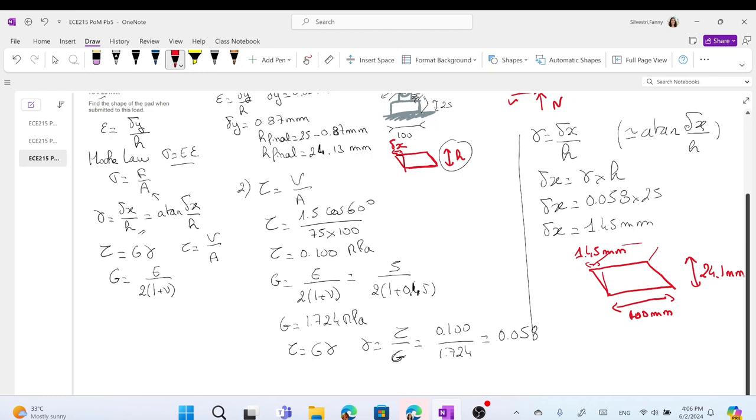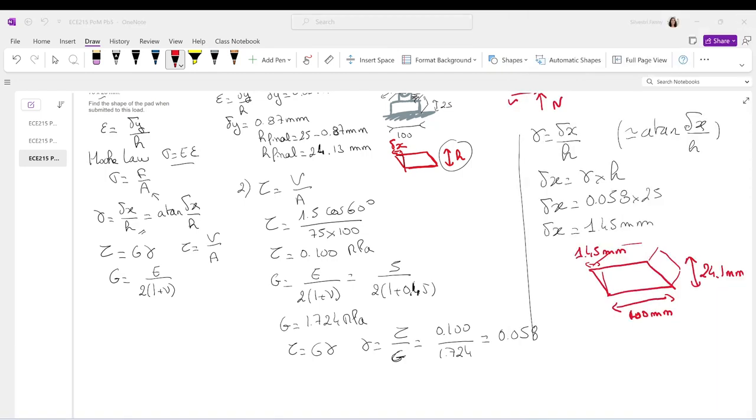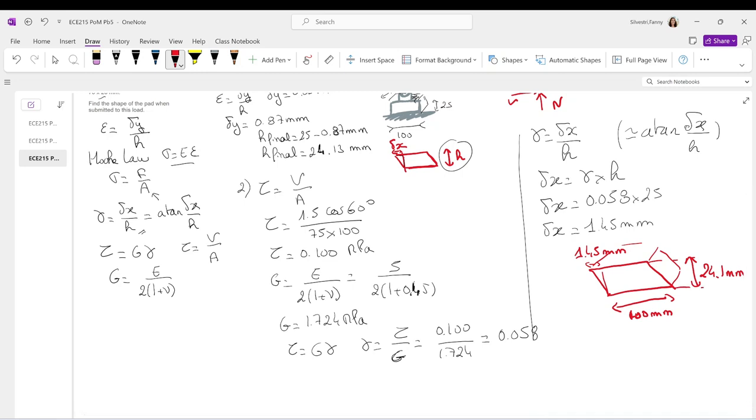In the other directions, the pad will not change because we don't apply forces in the other direction. Probably that will be larger because of the normal force, but that's not what we are trying to find. So this is the new dimension of the pad.